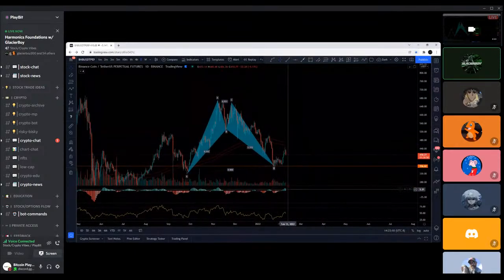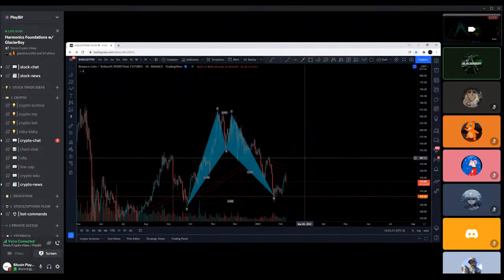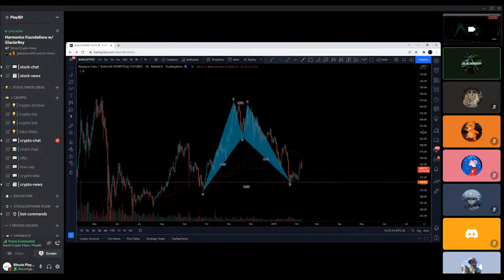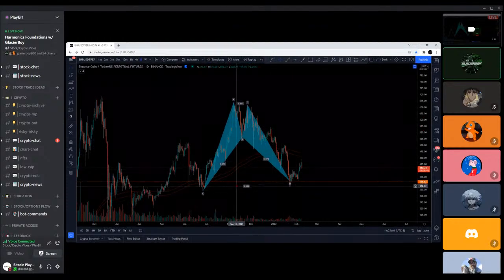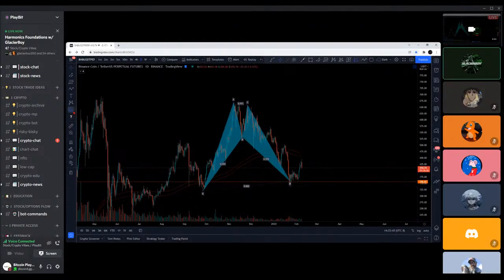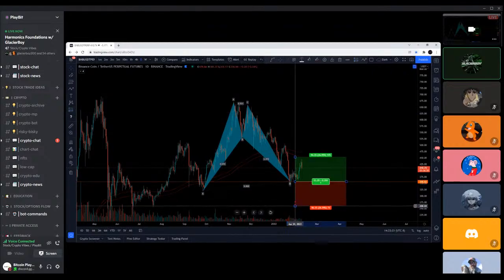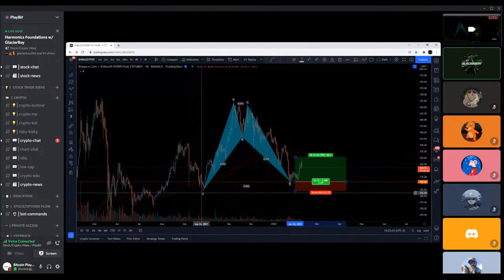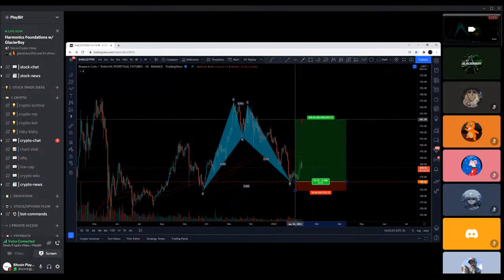You have these things where you could take your bids and take your shots on value because you have a clear, definitive stop loss if someone wanted a long here. If someone longed at the 886, your stop loss would be underneath that most recent low, right? And then you would take it up, I don't know, conservatively.